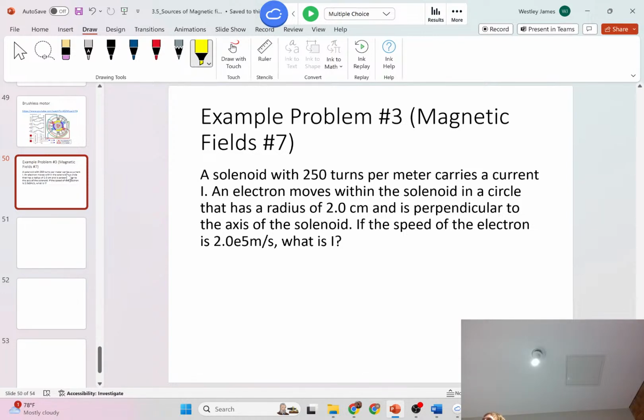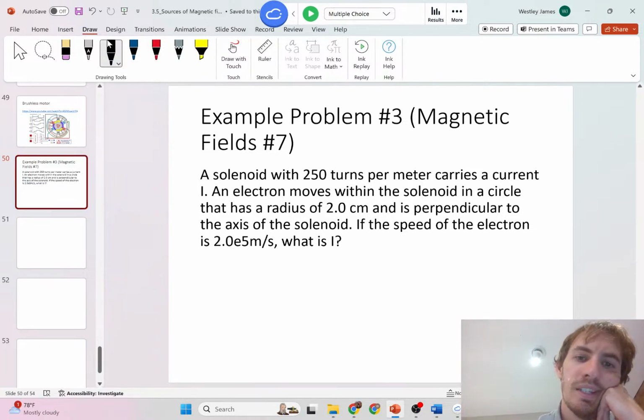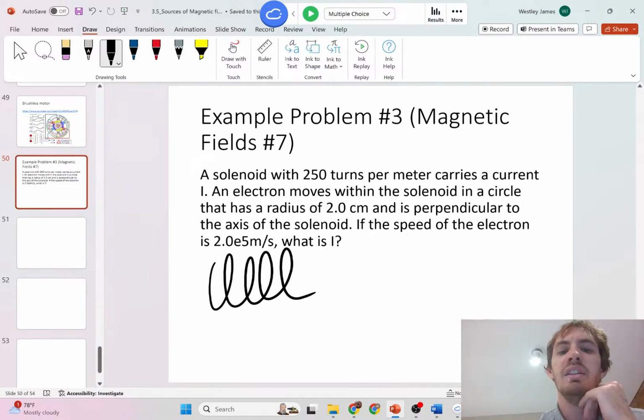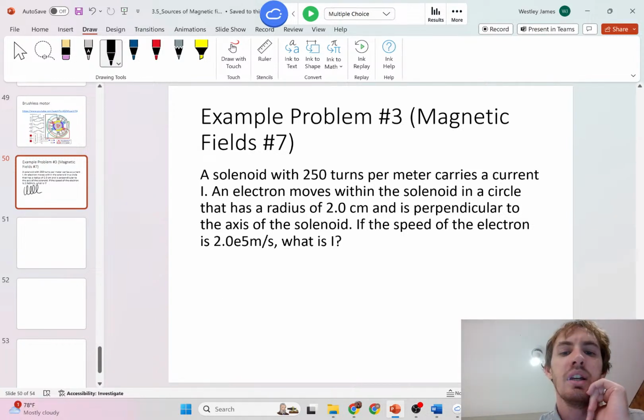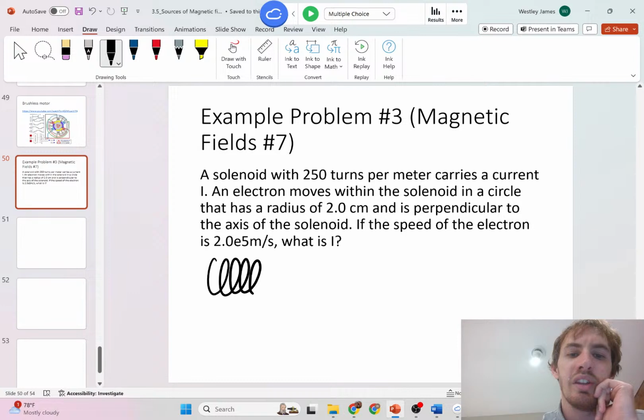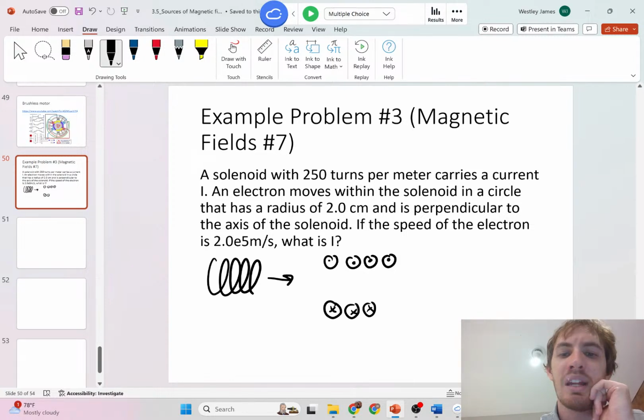Let's draw a picture. Pictures always make things easier. So, I'm going to draw a cross-sectional view of a solenoid, because otherwise I can't draw it. It's going to be a little tricky to draw an electron inside that and not be very confused at what's going on. So sure, I'll draw this. I've got some current going out of the page and some current going into the page. This is my cross-section. We're looking inside the solenoid.